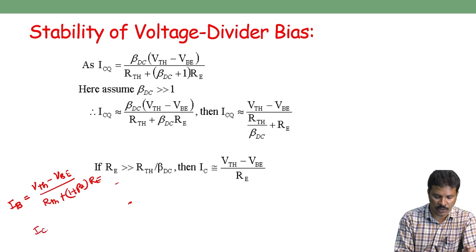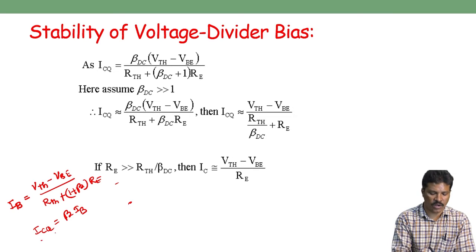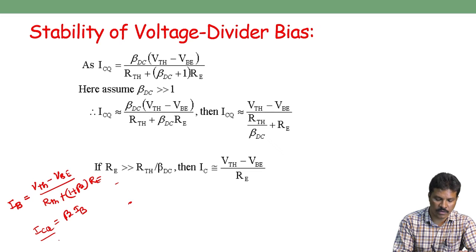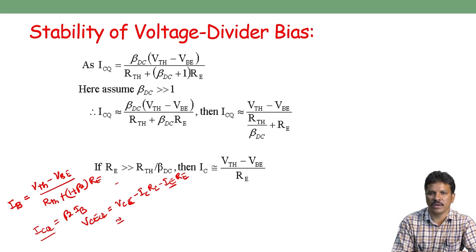Once we have IB, one of the Q point variables, ICQ, is equal to beta IB. And for VCEQ we get VCC minus IC RC minus IE RE. Since IC is approximately equal to IE, we take IC common, giving IC times (RC plus RE).